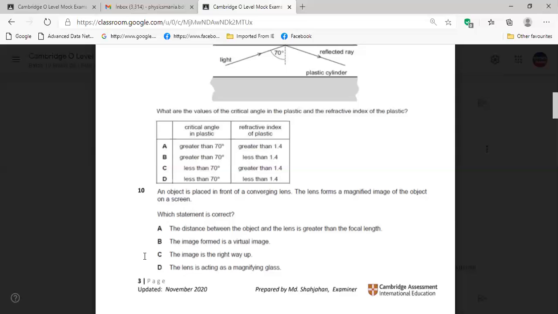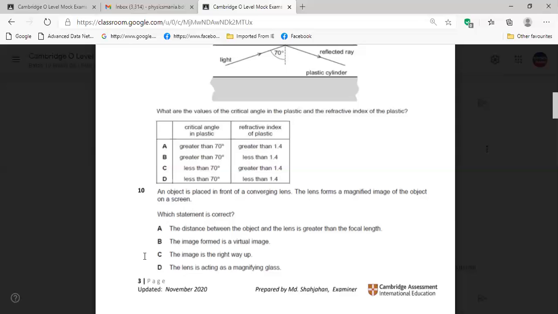That means the distance between the object and the lens is greater than the focal length. That means the object will be in between f and 2f, right? The object position will be between f and 2f.